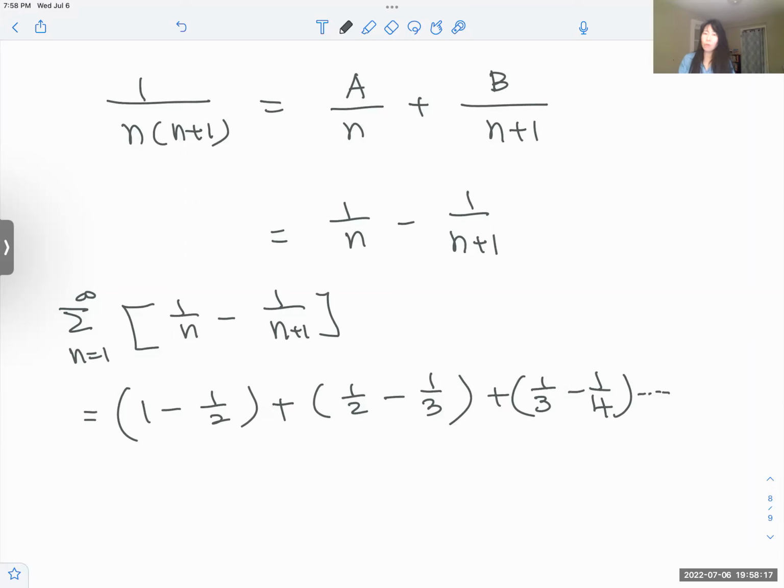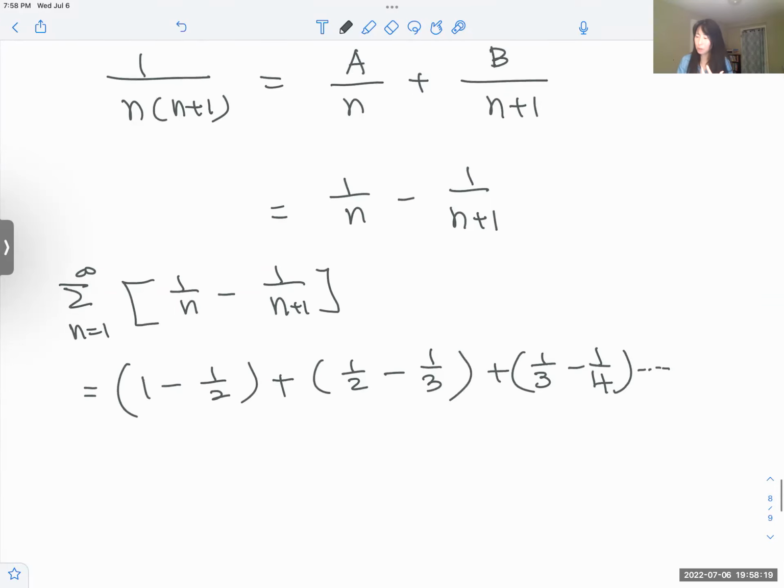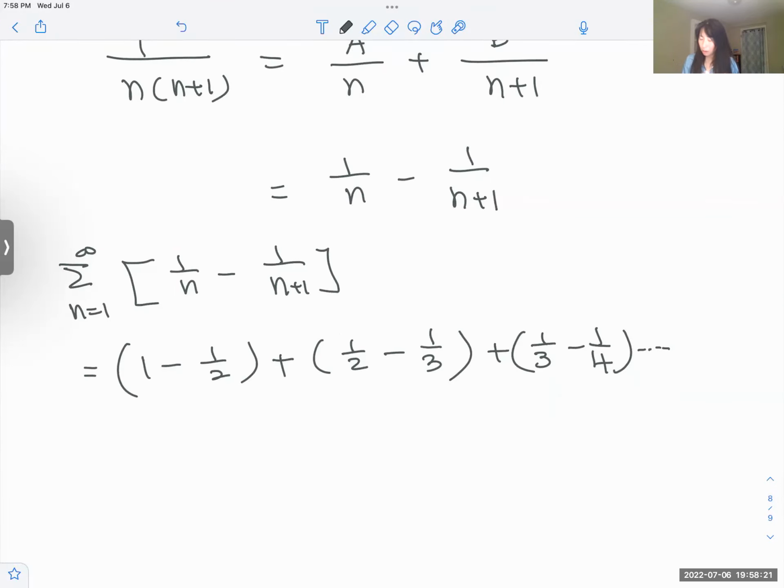Okay, look. Then if we take the partial sum, right? Partial sum from n equals 1 to k, then we're going to have 1 over n minus 1 over n plus 1.